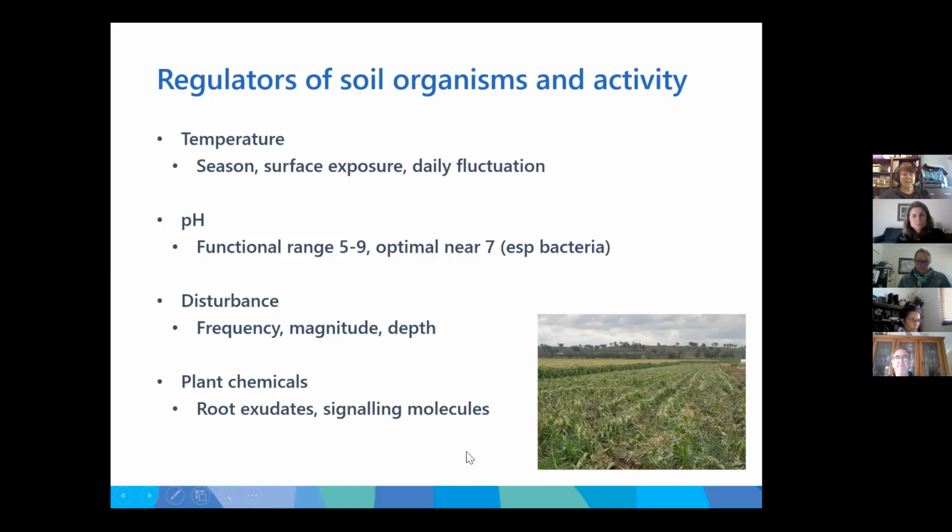And plant chemicals. So root exudates, which are chemicals that the plants move through the roots out into the soil, that the plants exude. And this is actually sometimes bacterial and fungal food. They use that to attract some organisms.